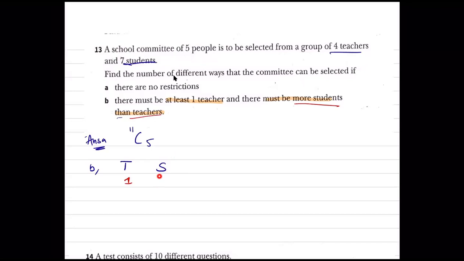But does this case satisfy the second restriction that there must be more students than teachers? No.